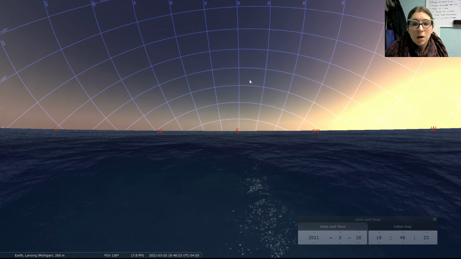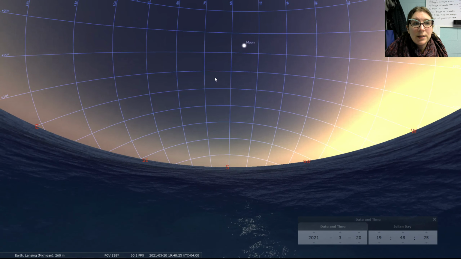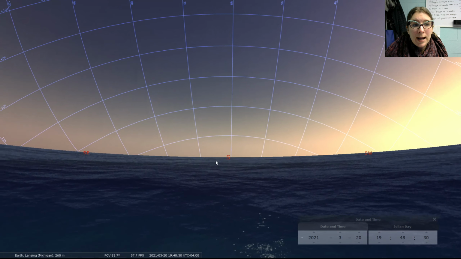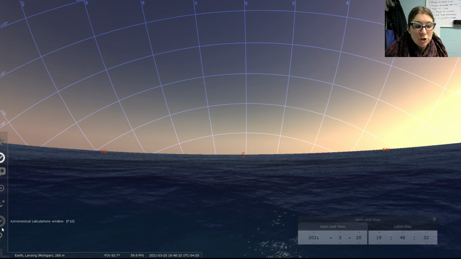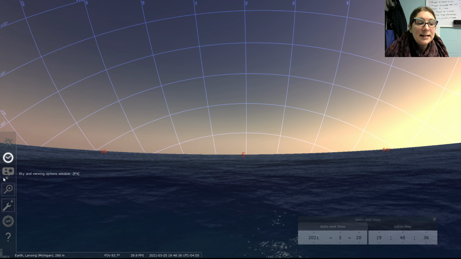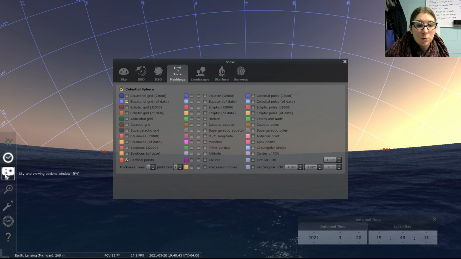Okay. So this grid is a different coordinate system that we use. It's called RA and Dec, which stands for right ascension, RA, and declination. And this uses the celestial equator as a reference point rather than the horizon. So I'm going to turn on this equator.